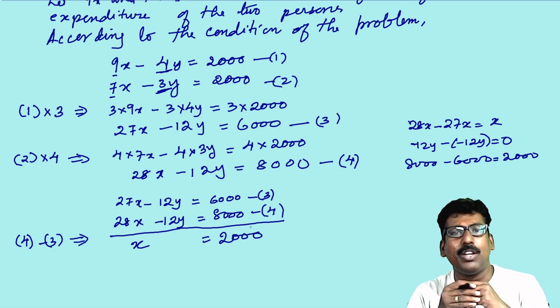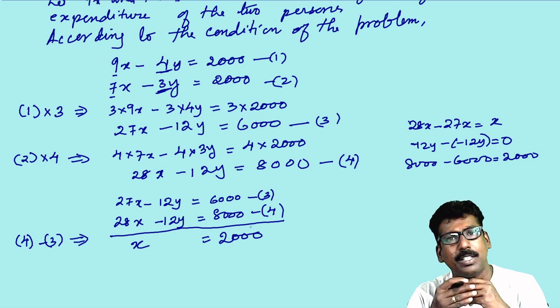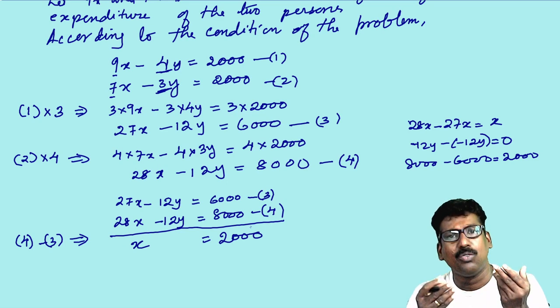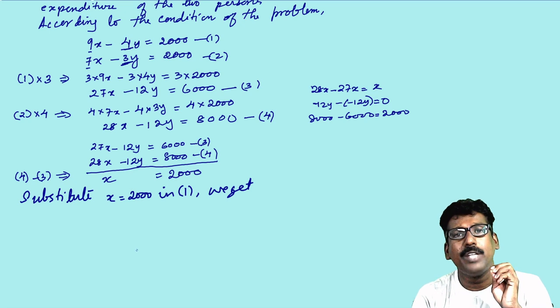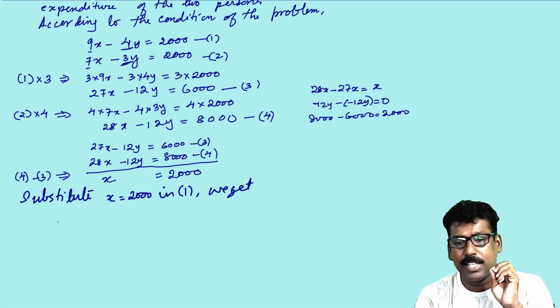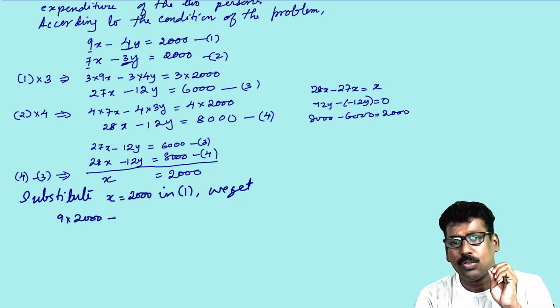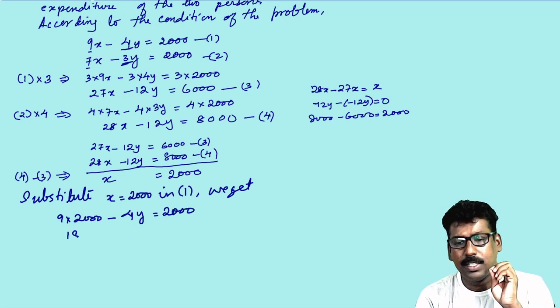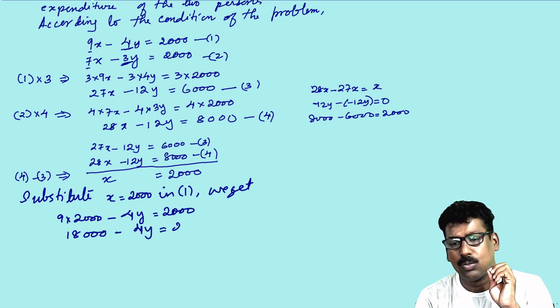Now, how will you get the value of y? Substitute x is equal to 2000 in any one of the equations. So, to get the value of y, substitute x is equal to 2000 in the first equation: 9x, that is 9 into 2000 minus 4y is equal to 2000, that is 18,000 minus 4y is equal to 2000.